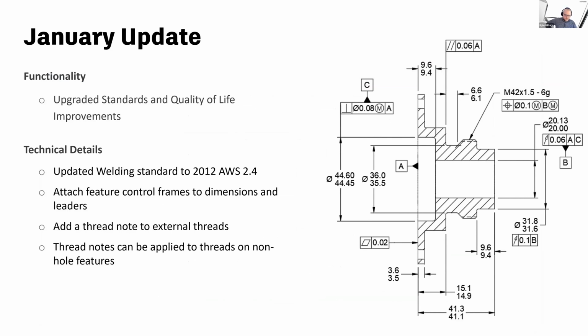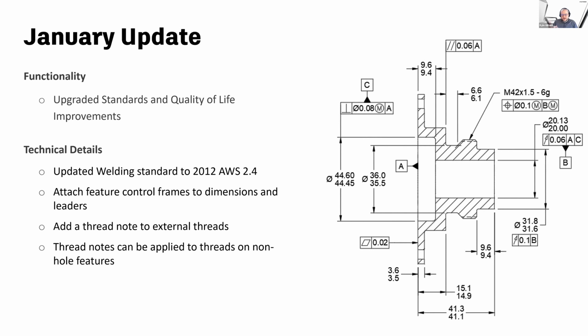If you're in the welding area and know the welding standards, we updated the welding standards from the older one to the 2012 AWS 2.4. For those outside of that, it might not have been a big change, but for those using the standards for calling out weldments and weld symbols, this was a nice improvement going forward.